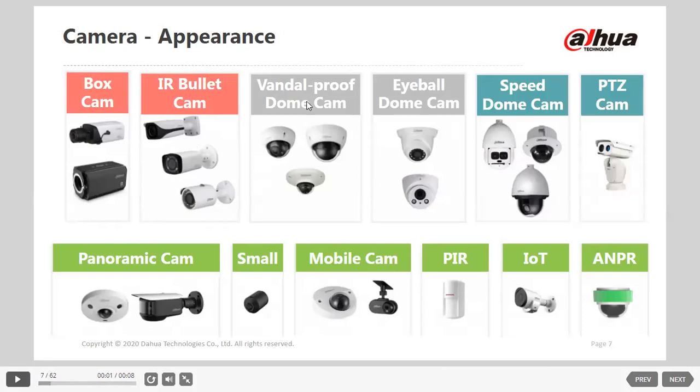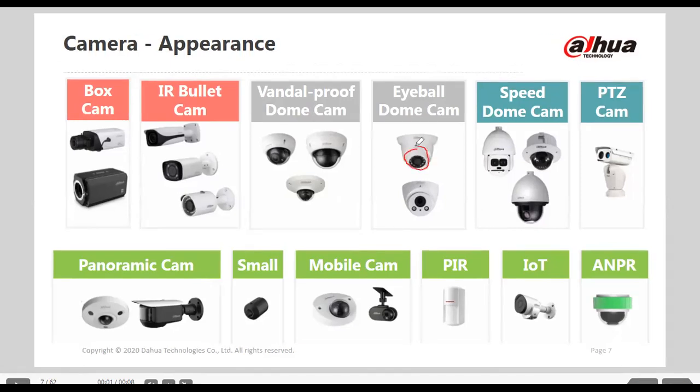Vandal-proof means the kind of camera that is hard to tamper with, or maybe hard for someone to steal. We have the eyeball. So we have the dome and the eyeball dome camera. You can see the difference between the eyeball and the dome camera is that there's something like a ball for the eyeball. So it's an eyeball dome.